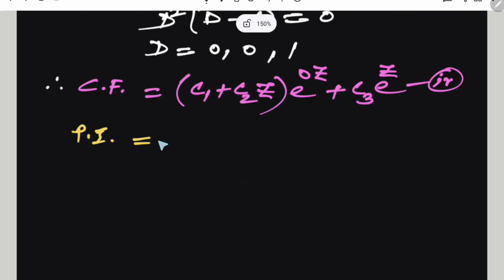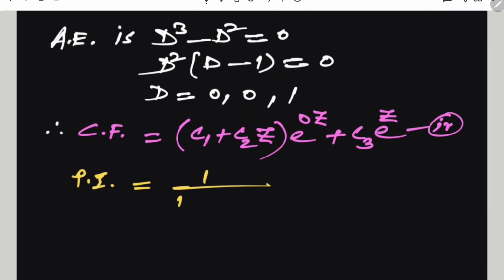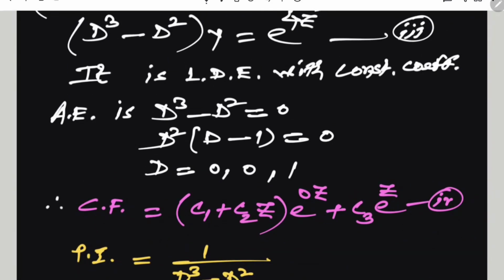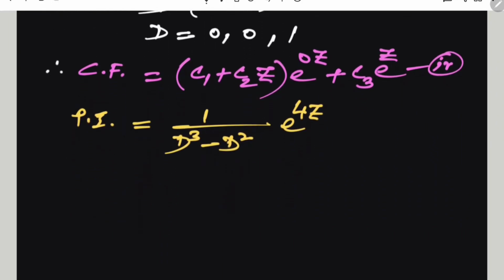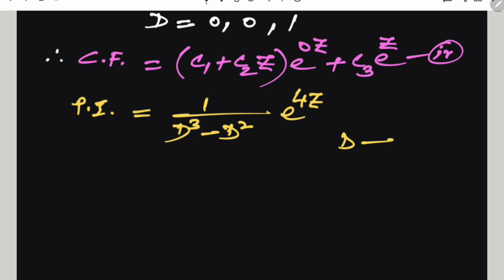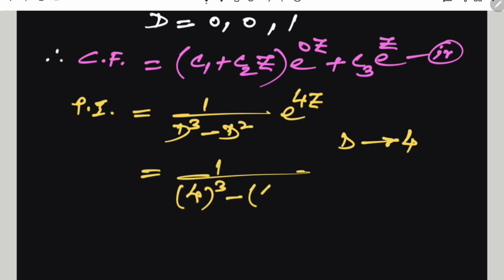Then the particular integral by inverse operator technique is 1 upon D cube minus D square, which we have to operate on e raised to 4z. Applying the first shortcut method, we replace D by a. a is here 4, and therefore it is 1 upon 4 cube minus 4 square into e raised to 4z.